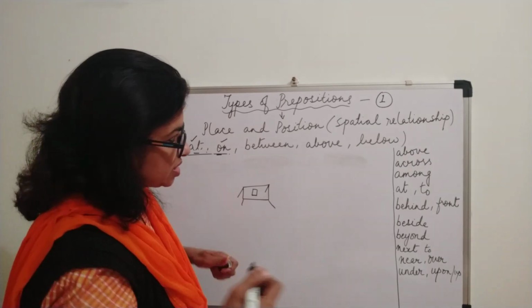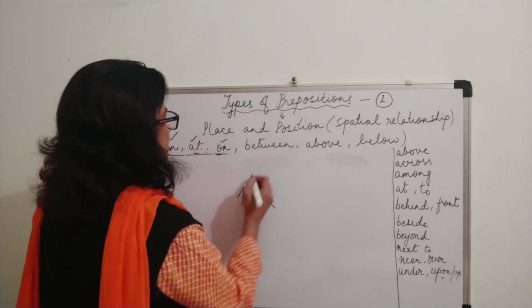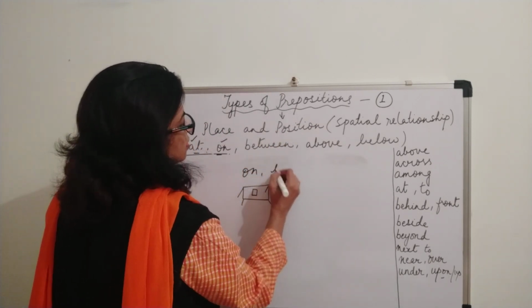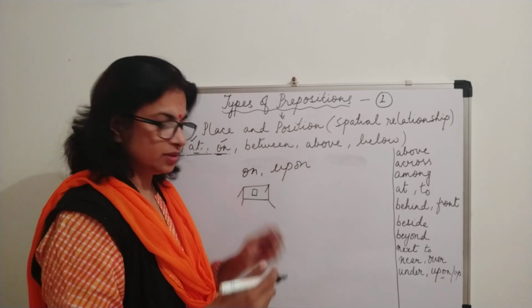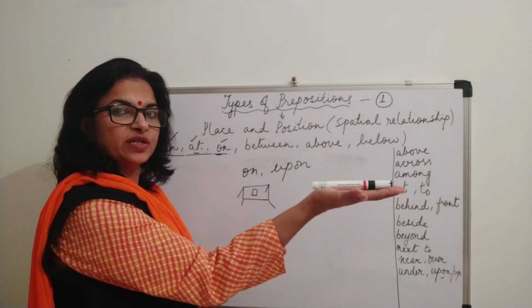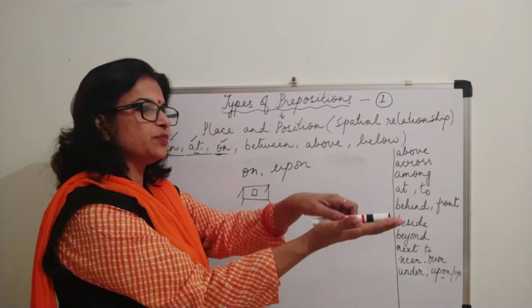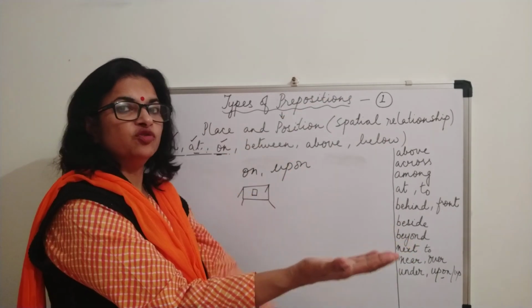Now upon. You can see upon is also there. What is upon? If I say on, it is still. It is not moving, but it is touching. And what is upon? There's a movement in upon.